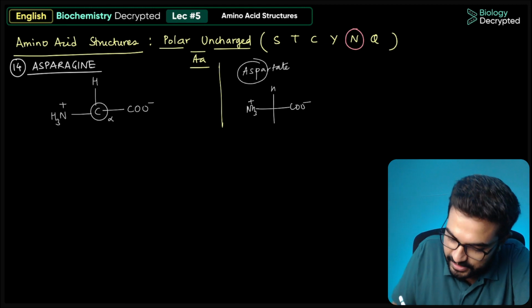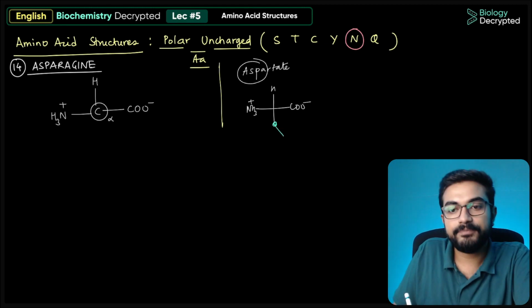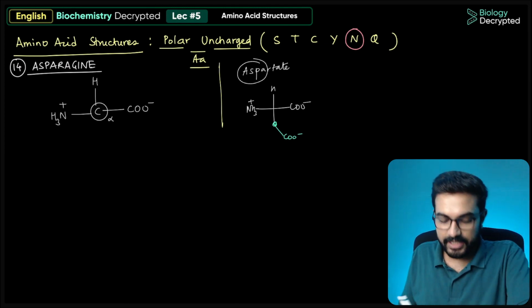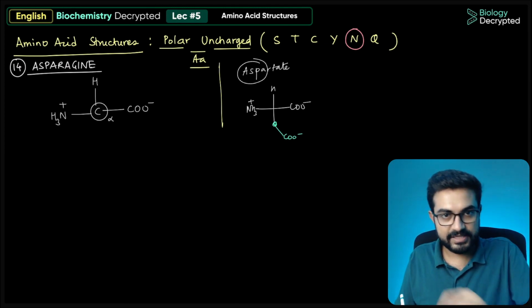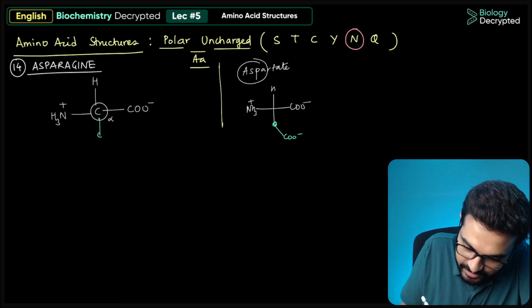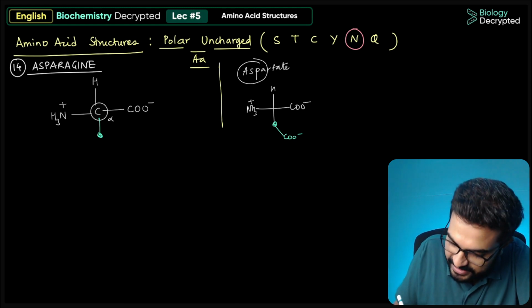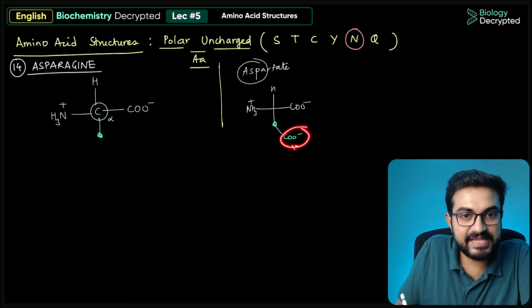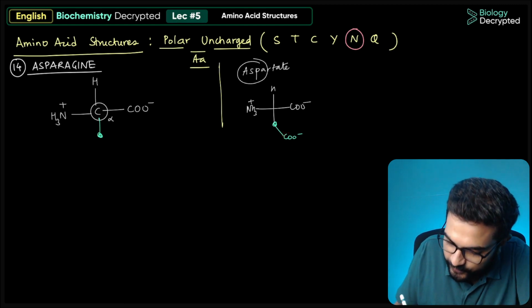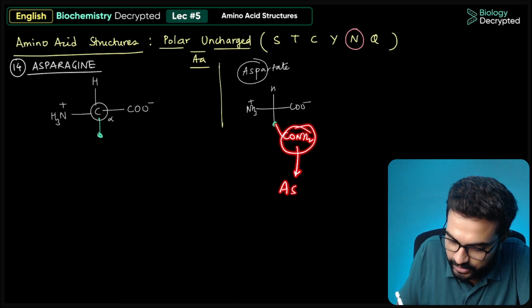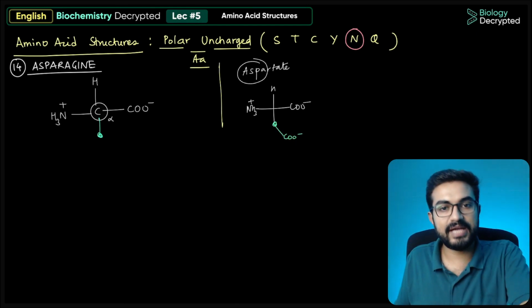Now what happens here? Here you have one carbon, here you have one carbon, and you have COO minus. If you compare this aspartate with asparagine, the basic structure is the same. Actually, this COO minus, which is an acidic group, will be replaced. If you have CONH2, then this will automatically be called asparagine.